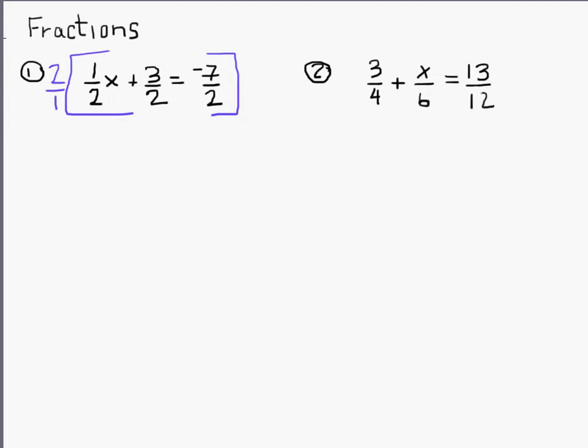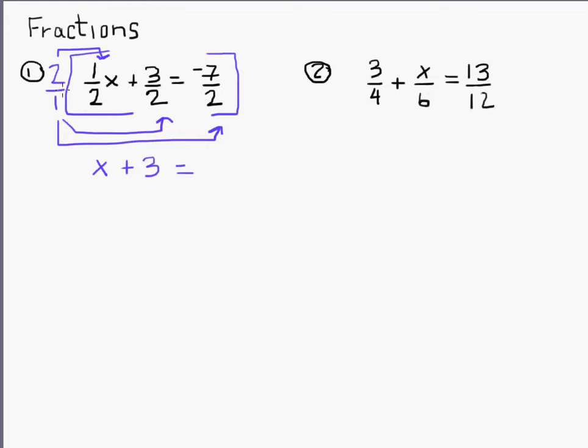So when I do that, using the distributive property, I'm going to multiply 2 times negative 7 halves, then 2 times 3 halves, and then 2 times 1/2 x. 2 over 1 times 1/2 x becomes 2 over 2x, which becomes 1x. 2 times 3 halves, the 2 over the 2 cancel out, they become the number 1, and they leave us a remainder of 3 over 1, or 3.